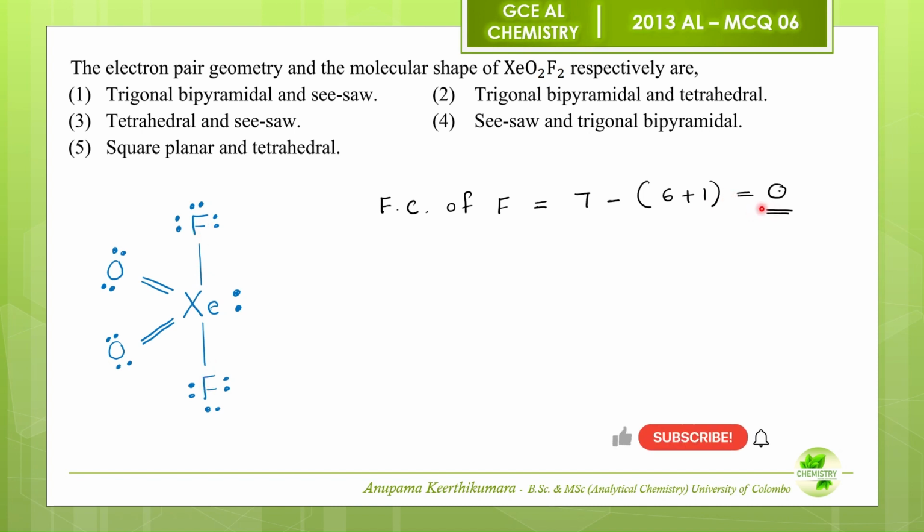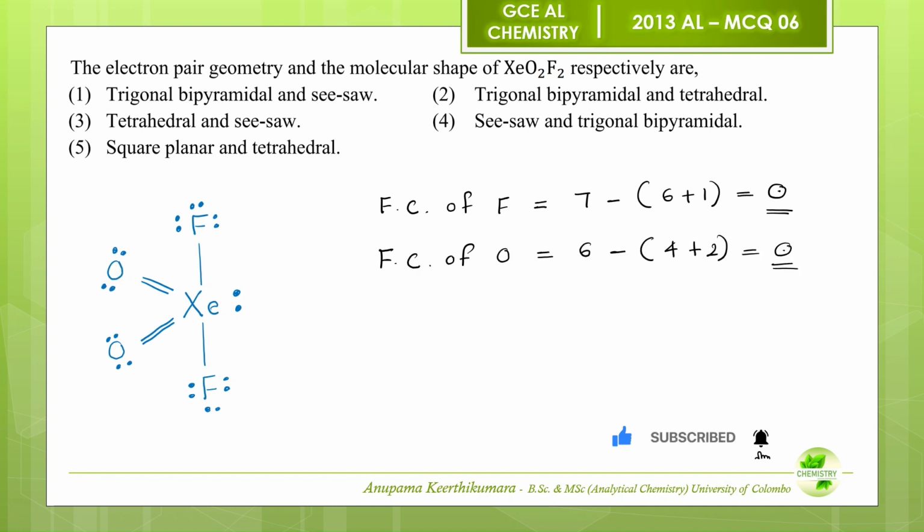Now we will calculate the formal charge of these oxygen atoms. Formal charge of an oxygen atom equals number of valence electrons 6 minus number of electrons in lone pairs 4 plus number of bond pairs, it's 2. Therefore, the formal charge of these 2 oxygen atoms is 0.